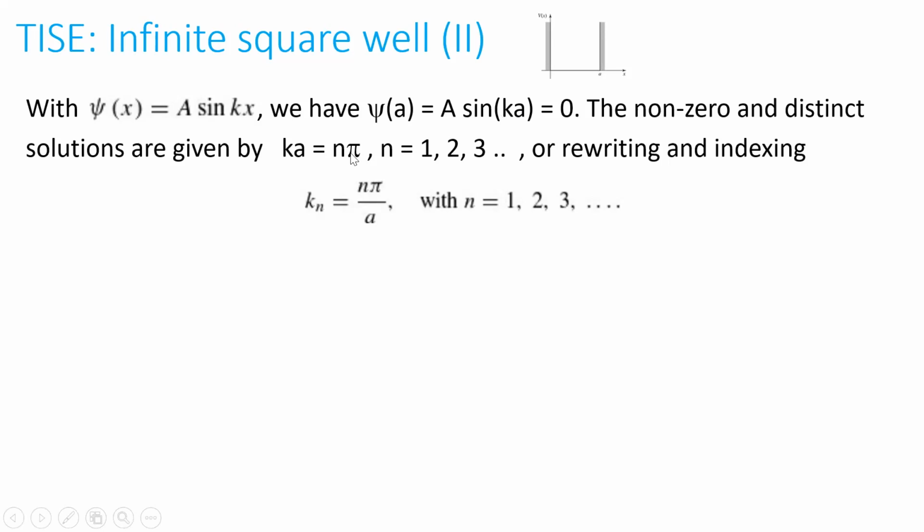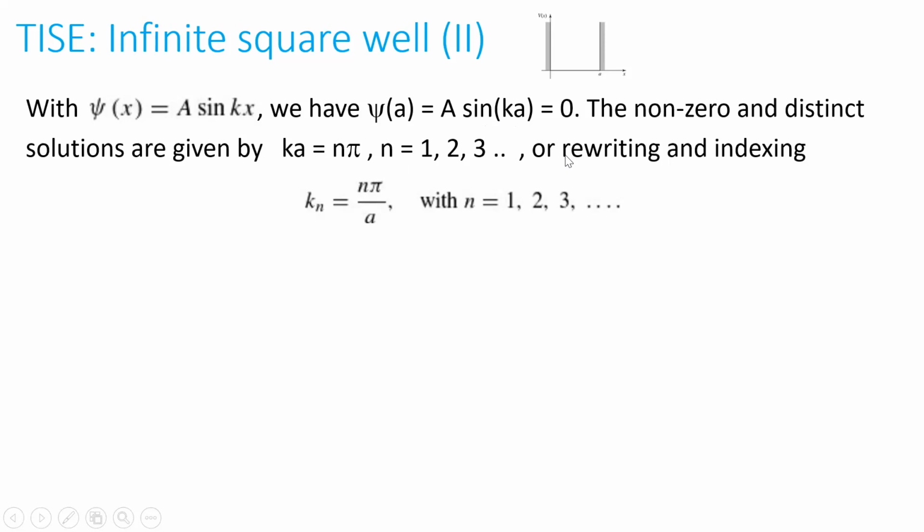If ka is equal to 2 pi, it would again be 0, etc. ka equals 0 pi would also work for setting this equal to 0, but then with k equal to 0, this would be uniformly 0 again, and we couldn't normalize it. So the non-zero and distinct solutions that can be normalized are ka equals n pi for n equal 1, 2, 3, and so on up to infinity.